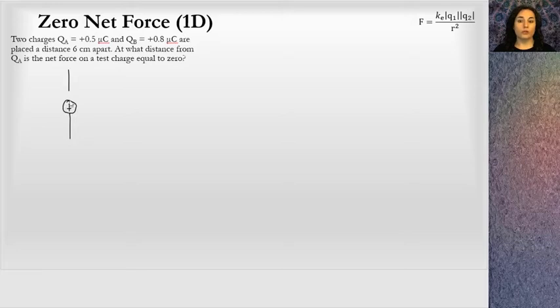So we're going to be measuring from A, and so I'll just call the origin where charge A is. And so there's the x-axis and there's a y-axis. We don't need it, but it just helps me identify where the origin is. So this is QA. I'm going to draw QB over here. QB is also positive.